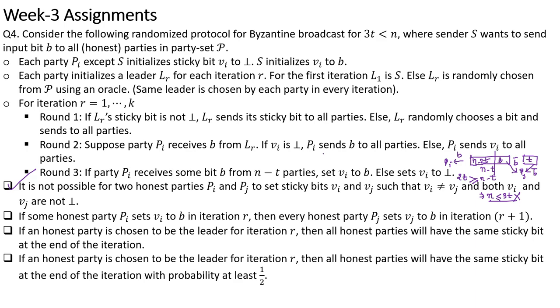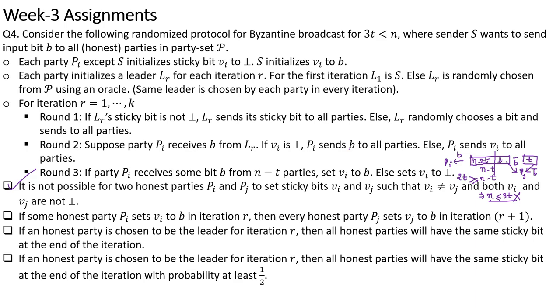Now only the parties which had B as their corresponding Vi previously will broadcast B to all the parties, and the parties that had bot previously will broadcast B complement as their corresponding Vi to all the parties.